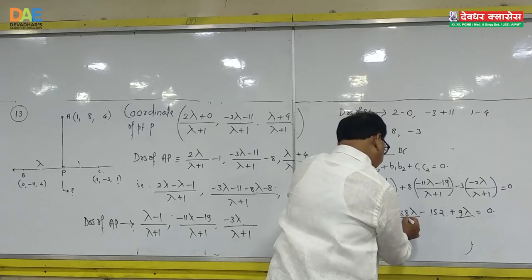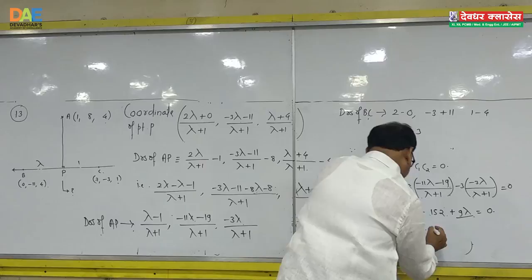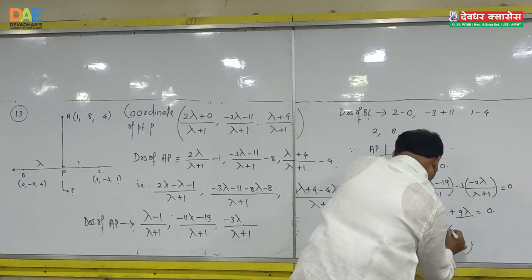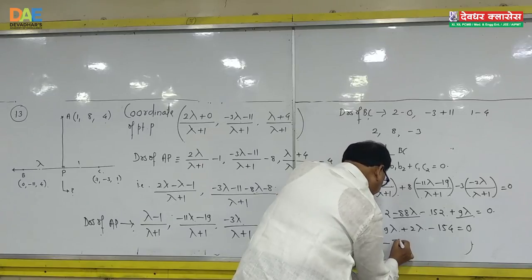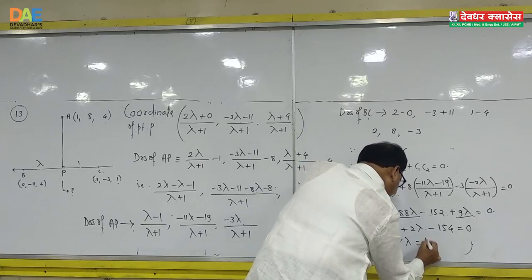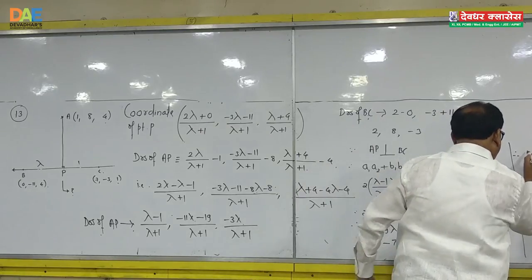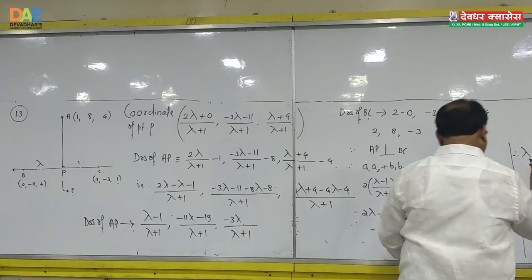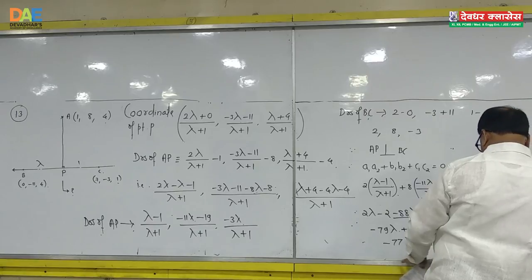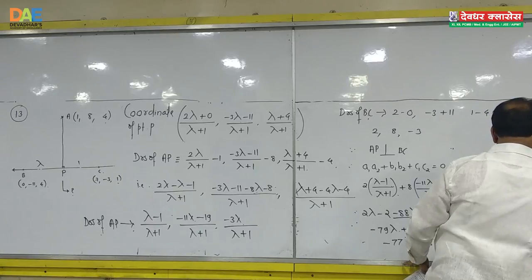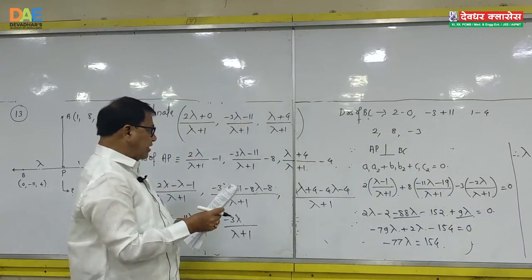Minus 79 lambda and plus 2 lambda, minus 154 is equal to 0. Therefore, minus 77 lambda is equal to 154, and therefore lambda is equal to minus 154 upon 77.